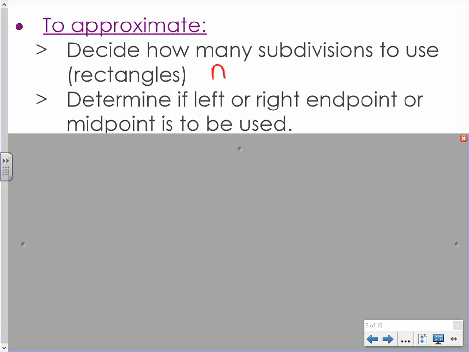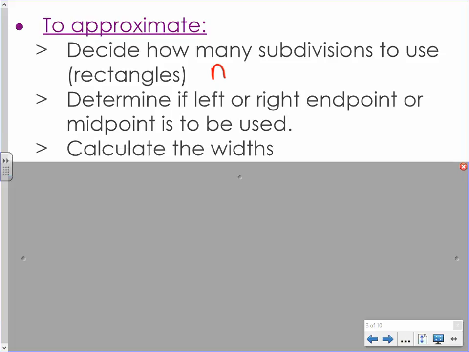calculate. We need to figure out how wide our rectangles are. How do we find the area of a rectangle? Length times width. So first of all, we need the width of our rectangles. Now, if I say that we're finding the area from a to b, and we know we need n rectangles, how do we know how wide each rectangle needs to be?